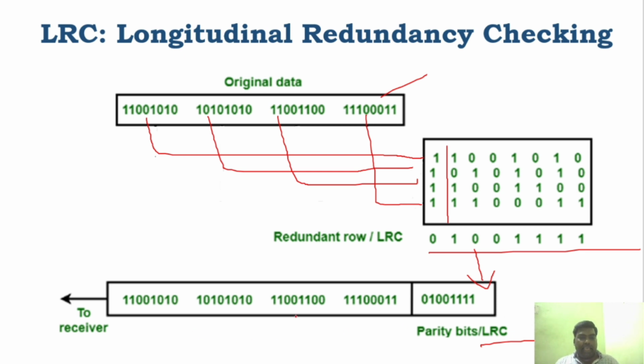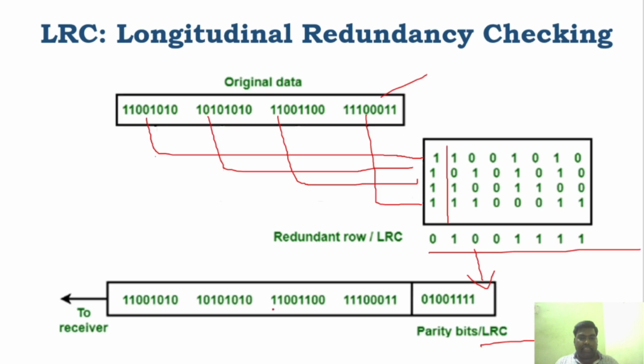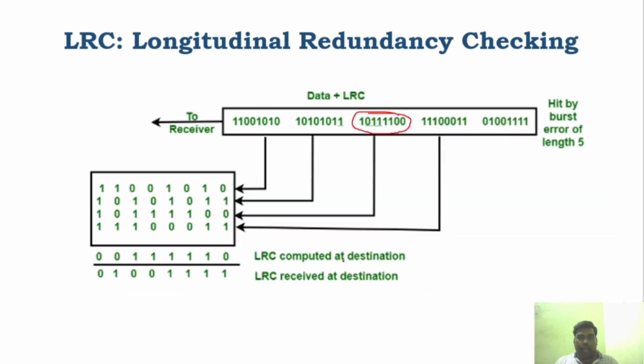Now we can see here, while transmitting, for example if 5 bit errors happen, these bits have changed into errors. You can see that zeros have changed to ones and ones have changed to zeros. If a 5 bit error has happened, after receiving this message the receiver will use the same method and calculate the parity bits, right?